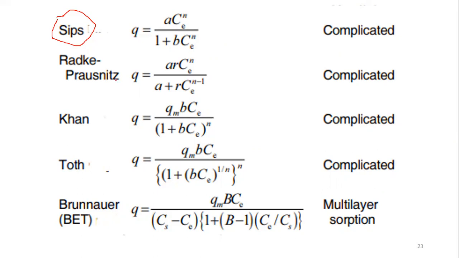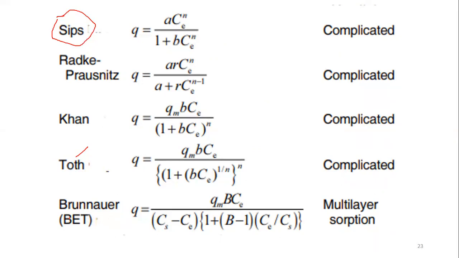And then there is another model, the Redlich-Peterson model, which is also given here, and it's also a complicated model. And there is the Hahn model, the Toth model, and the BET model: Brunauer, Emmett, and Teller, three different scientists. But here we are not going to discuss these different models.